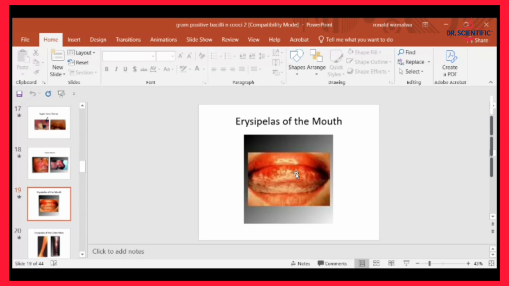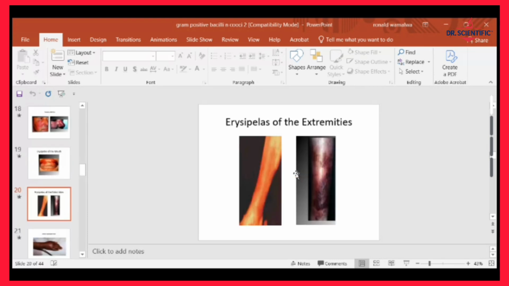Erysipelas of the mouth, inflammation of the mouth, the tongue. Then that could be erysipelas of the extremities, where we have the legs, but the skin of the leg is seriously inflamed. You can think that somebody has been burned.